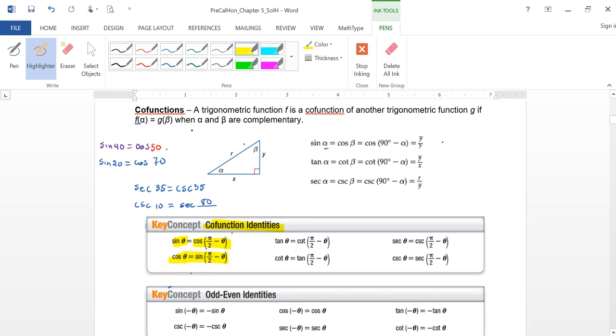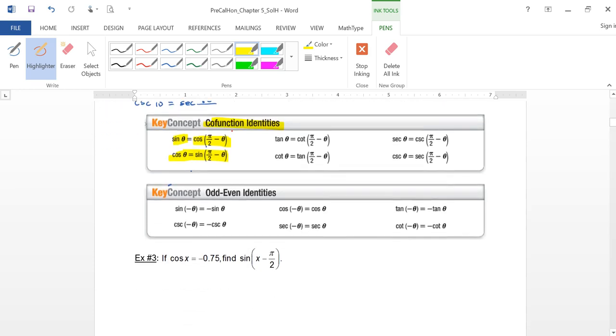Now, what are the odd and even identities? We've sort of touched on this before. If you have a negative angle, sine is an odd function. So if the angle is negative, it's the same as negative sine theta.